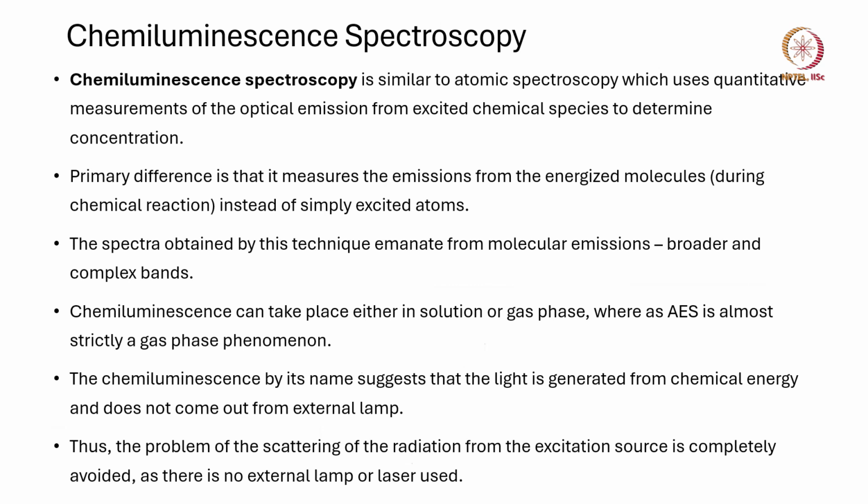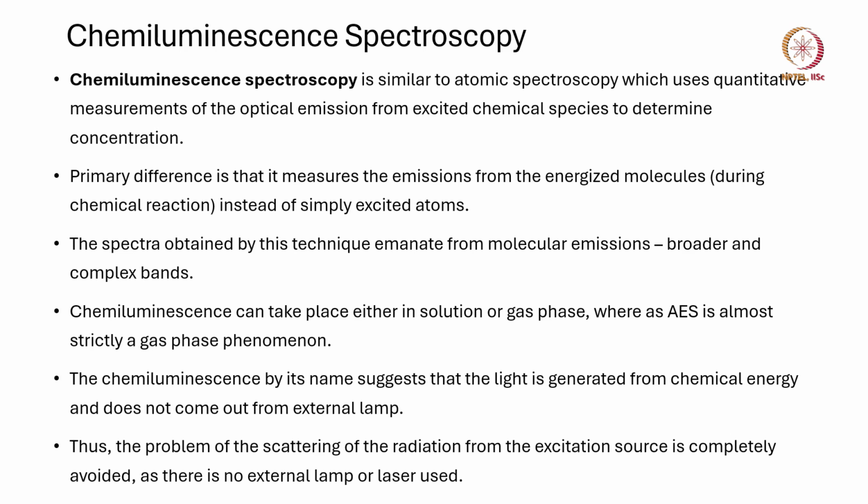So, the chemiluminescence spectroscopy is similar to atomic spectroscopy, which uses quantitative measurements of optical emission from excited chemical species to determine concentration. The primary difference is that it measures emissions from energized molecules during chemical reaction instead of simply excited atoms. The spectra obtained by this technique emanate from molecular emissions, which are broader and complex bands.